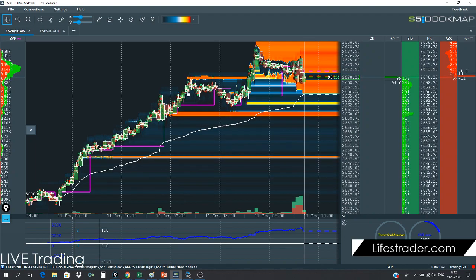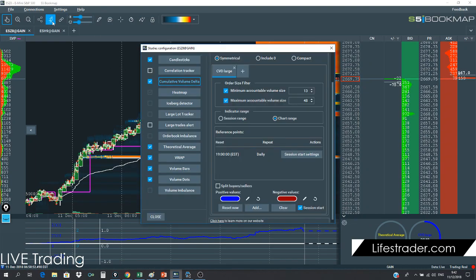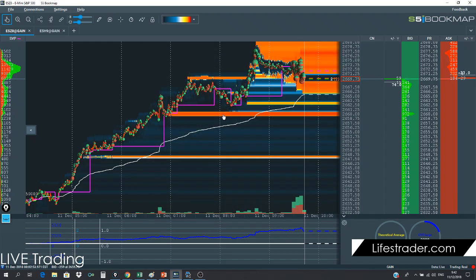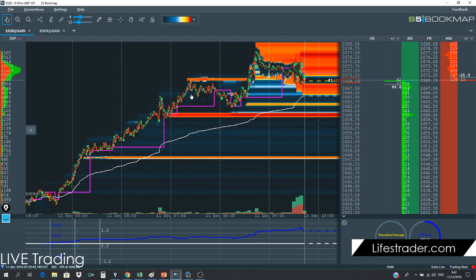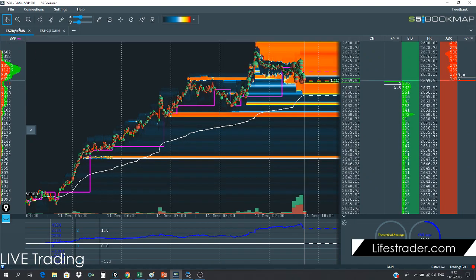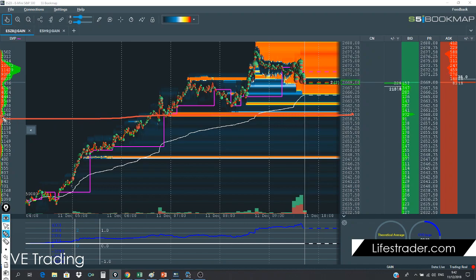So let's begin. First of all, I will just remove the candlesticks. Okay, here, nice, open auction out of range. The first important area is that one, 26.60. That's the lower side, what I call the value area low of the overnight session, or the composite profile of the day.